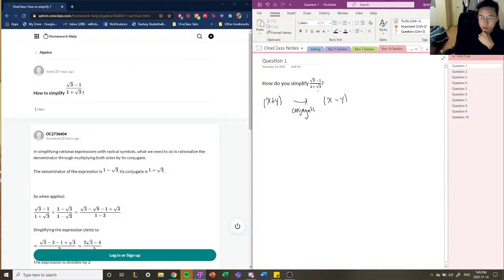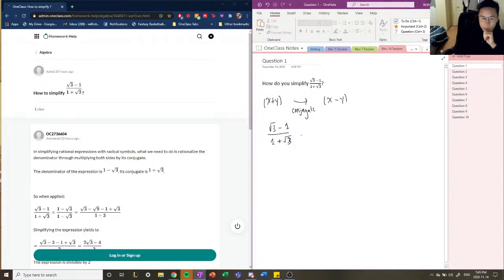By doing so, we can come up with a simplified form for this more complex term. So let's try to simplify it. We have root 3 minus 1 over 1 plus root 3. The conjugate of the denominator, 1 plus root 3, is 1 minus root 3. A very clever technique is that we're going to multiply this term by 1.